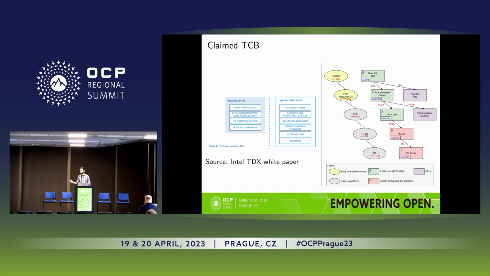This really was wrong, because the TD quoting enclave, abbreviated here as TDQE, cannot trust nothing above it in the chain. It says all other software, which includes the provisioning certification enclave, PCE, is untrusted, which is not possible, as we cannot have an entity not trusting the chain above.